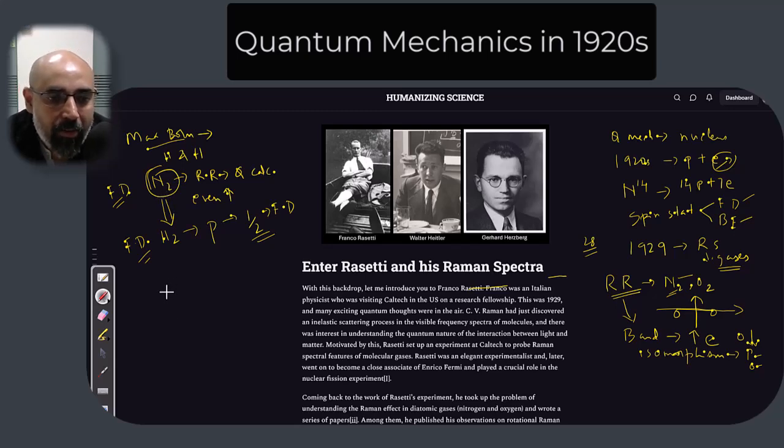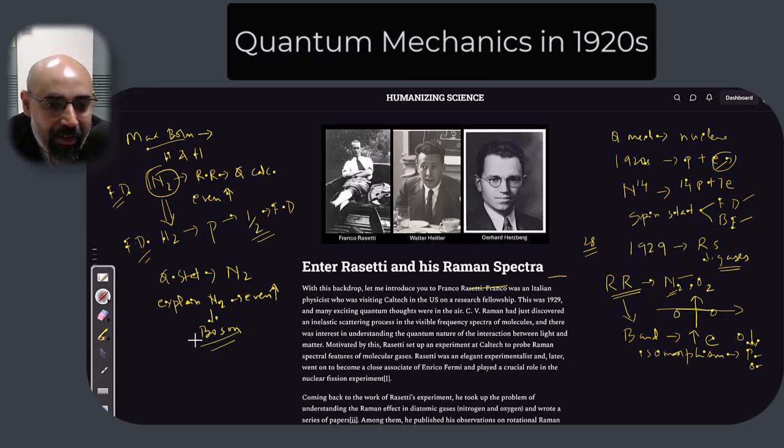So they went back and checked the quantum statistics for nitrogen. Once they started checking, they found that one would be able to explain the nitrogen spectra, the even bands, the increment, if nitrogen was considered to be a boson.